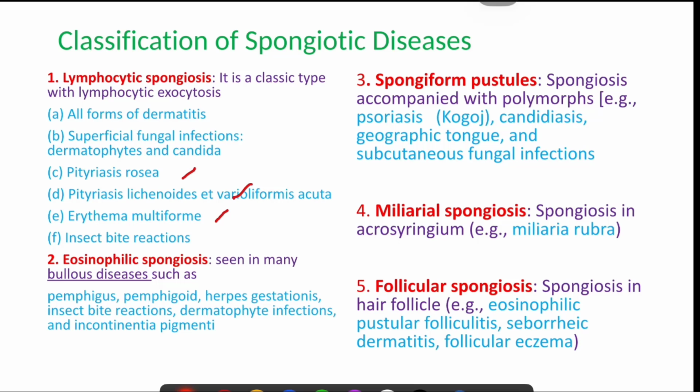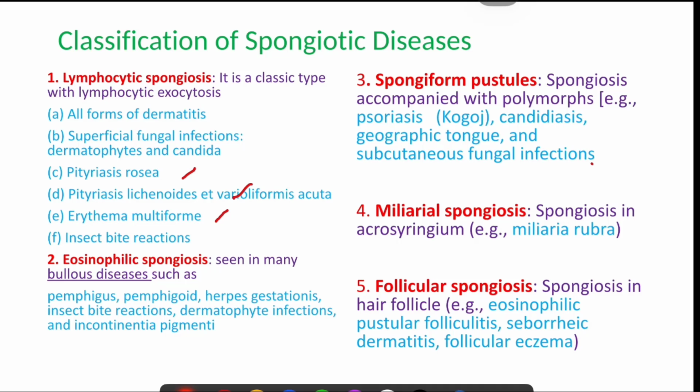Eosinophilic spongiosis mainly in bullous lesions like pemphigus, pemphigoid, herpes gestationis, insect bite reaction, dermatophyte infections, and incontinentia pigmenti. Spongiform pustules, where you find polymorphs, like psoriasis, candidiasis, geographic tongue and subcutaneous fungal infection. Miliarial spongiosis, where it is seen in the acrosyringium, like miliaria rubra.